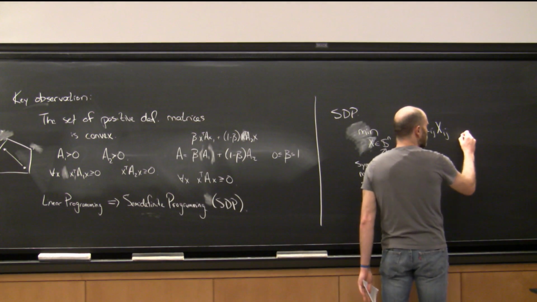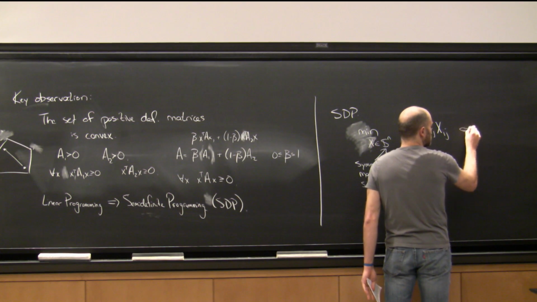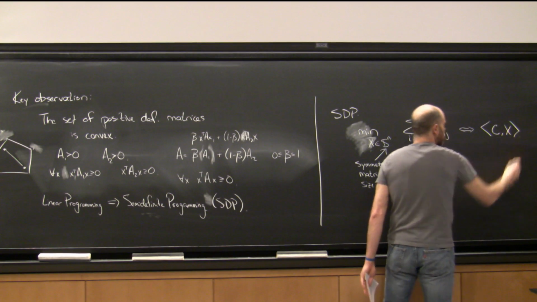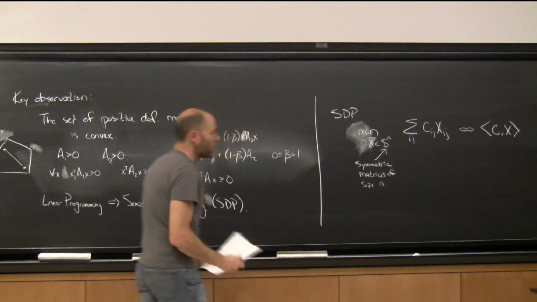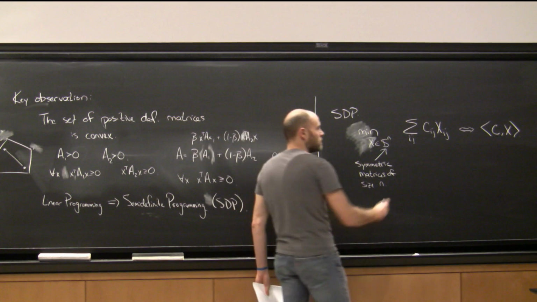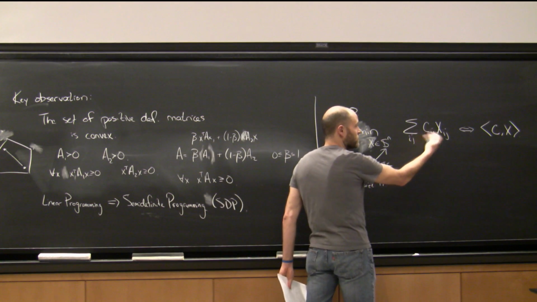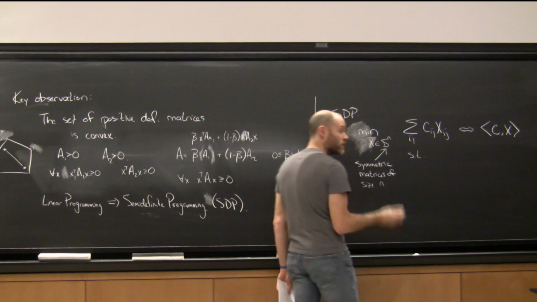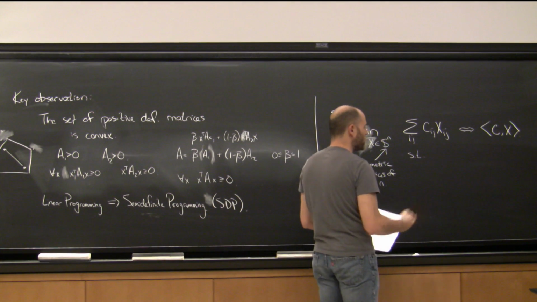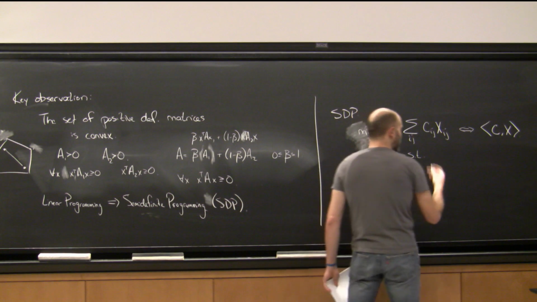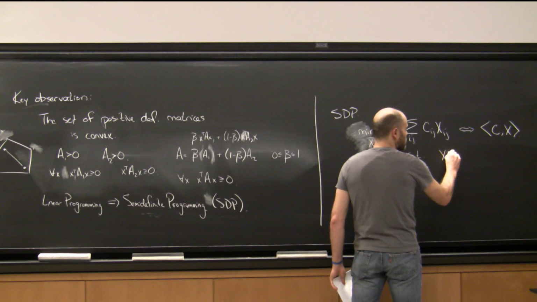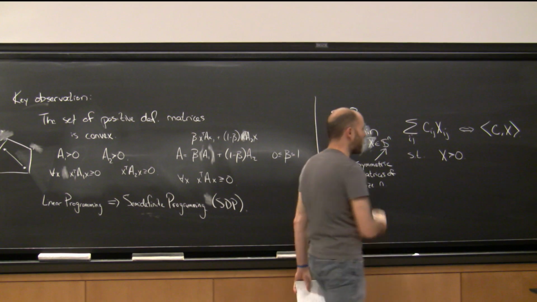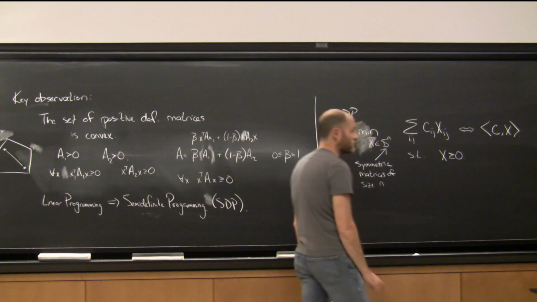This is almost always written as the dot product between matrices C and X, okay? But it's like the LP, it's just a linear objective in the coefficients. And I can now add my traditional LP, any linear constraints, but I can also add the condition X is greater than 0. It's positive semi-definite, and numerically it's only going to do that for you.